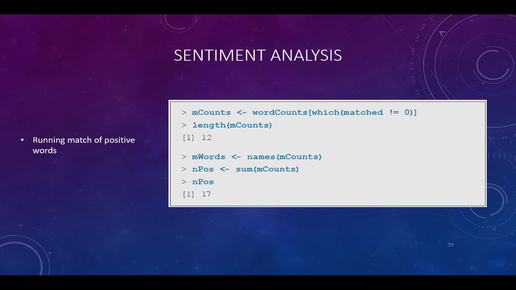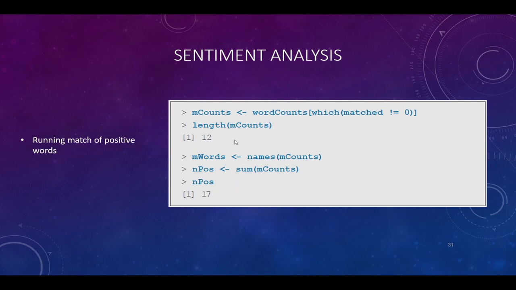Okay, a running match of positive words, here we go, where it matched is not equal to 0. If it's 0, it means it didn't match. So the length of how many times it matched is 12. So there were 12 unique positive words in that text.